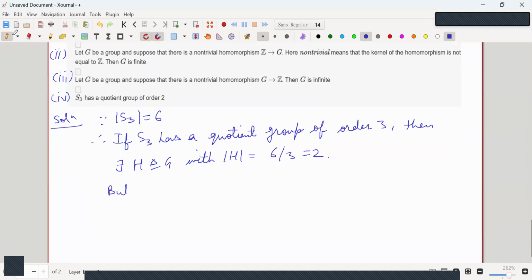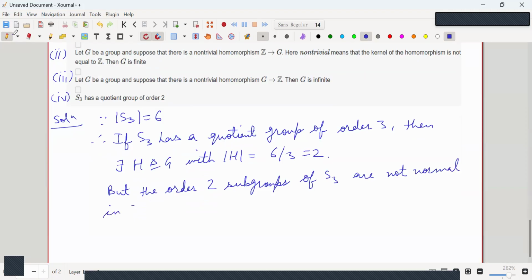But the order 2 subgroups of S3 are not normal in S3. What are the order 2 subgroups?